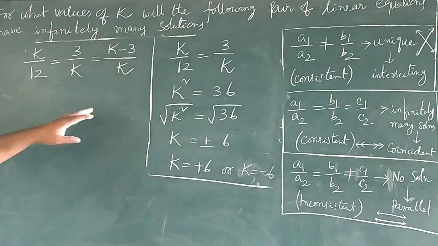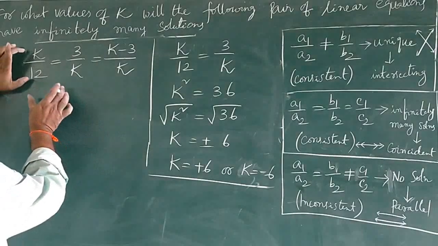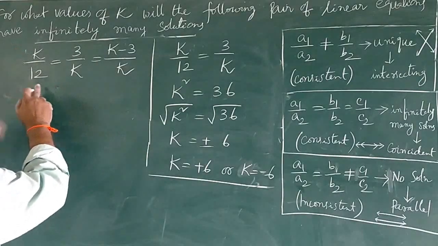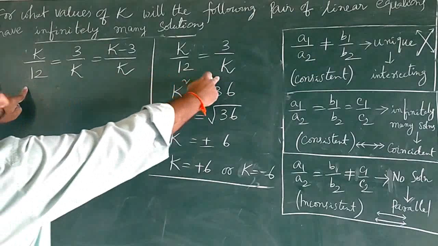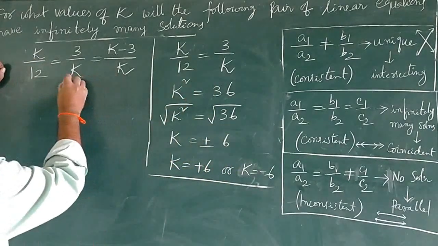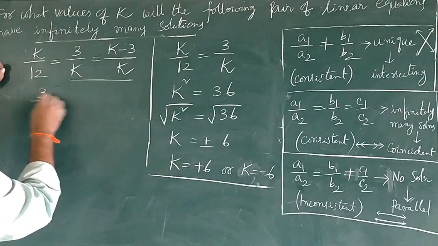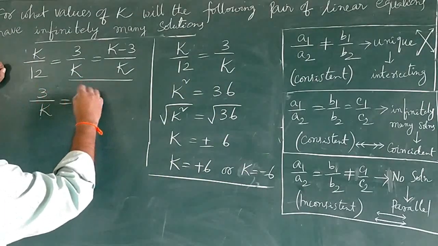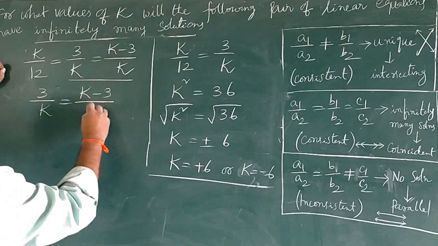Okay. Now the second step. Already we equated the two ratios k by 12 and 3 by k, and I got k is equal to plus 6 and minus 6. Now I'll take these two ratios: 3 by k is equal to k minus 3 by k.